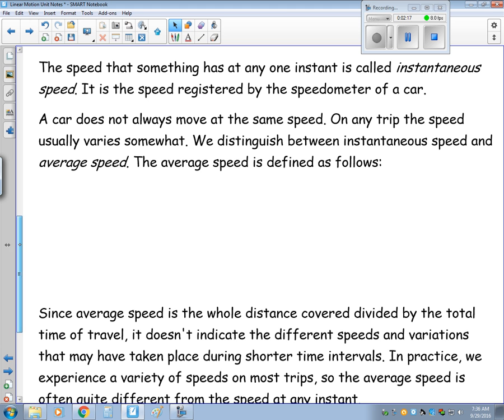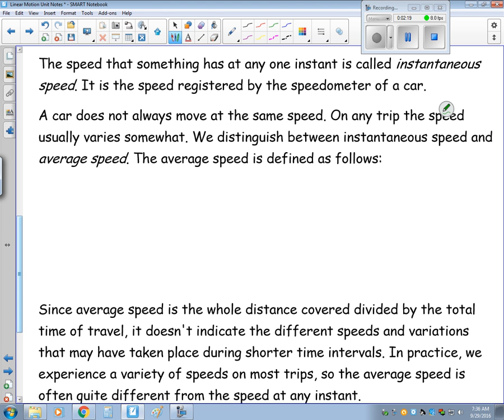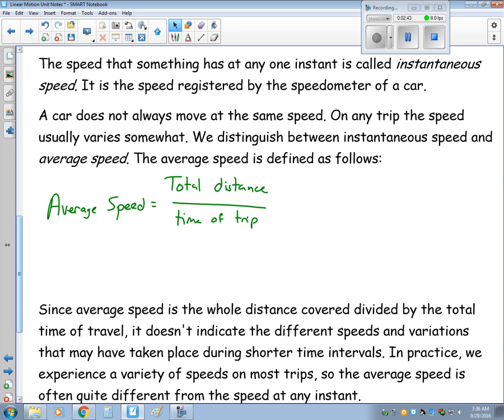So for average speed, we take the total distance traveled and divide that by the time of the trip. This will give us the average speed.